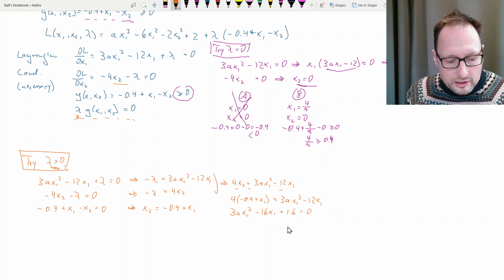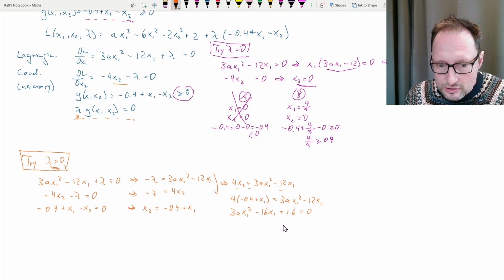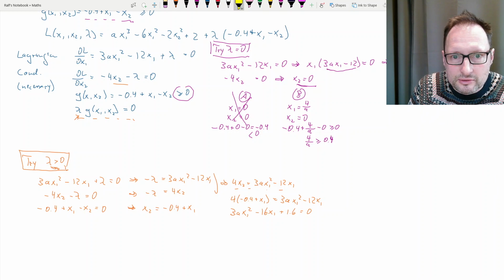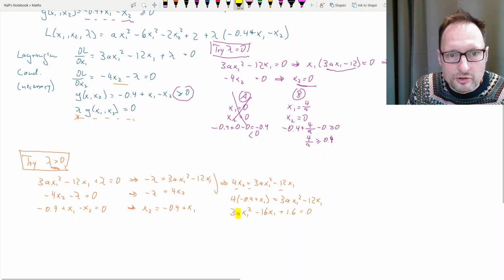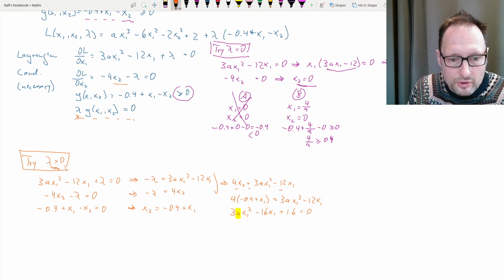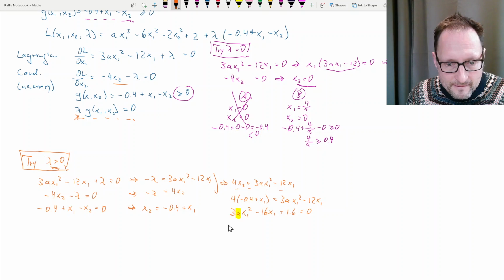So now you can apply your favorite quadratic equation formula, but remember, there is still this parameter a in here, so we'll have to carry this in our calculations. Our factor to x1 squared is 3a, not only 3. That means it will appear in our equation.